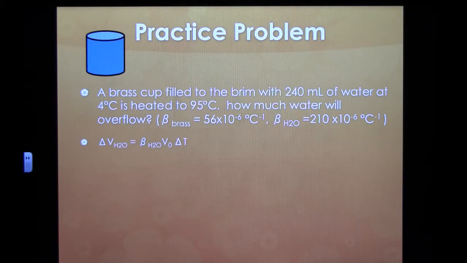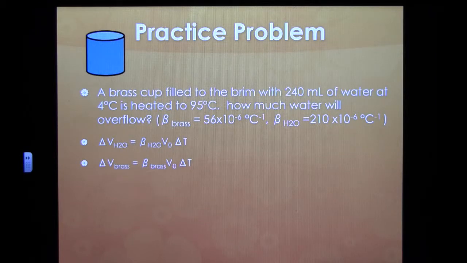To find the amount of water that overflows, we can first figure out the change in volume of the water as it's heated. And we do that by taking the beta value for water, multiplying it by the initial volume of water, and by the change in temperature. But not only is the water expanding when it's heated, but the brass cup is also expanding when heated.